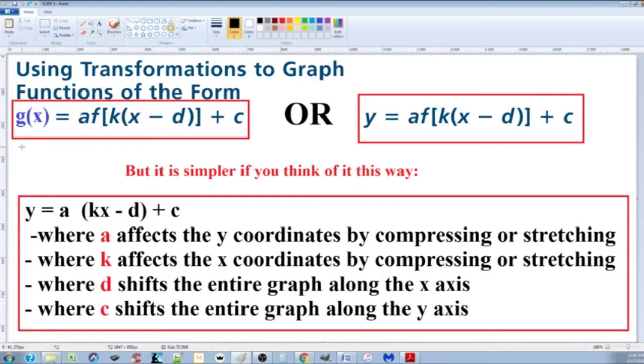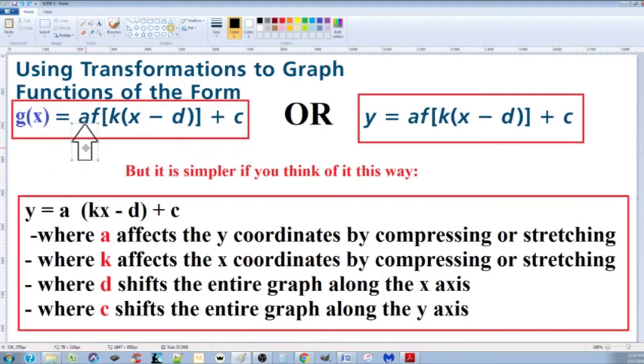And I don't blame you, because look, why is this g of x there, and then this an f, why is the a in front of the f, and what's this k doing here? And then they even try to simplify it for you, and it still looks like a mess. Or y is equal to a f k x, y still. But the reality is the only numbers you need to focus on are the a, the k, the d, and the c. And those are simple rules. And guess what?